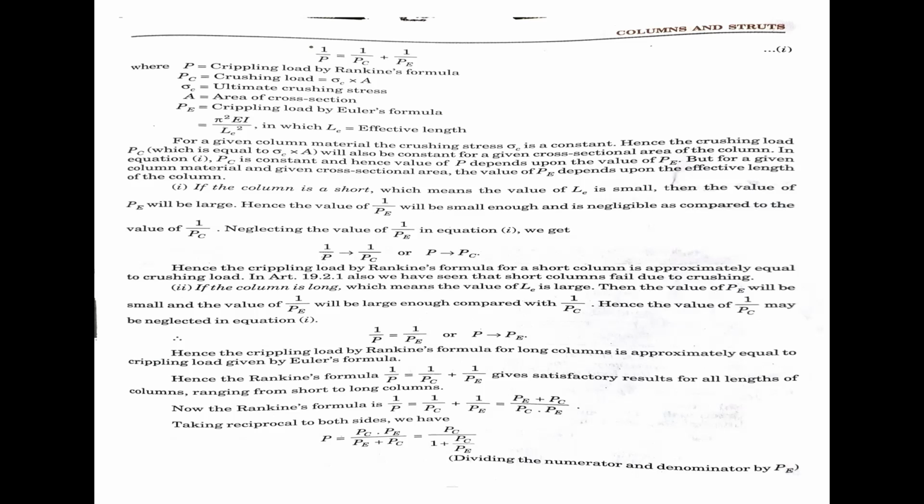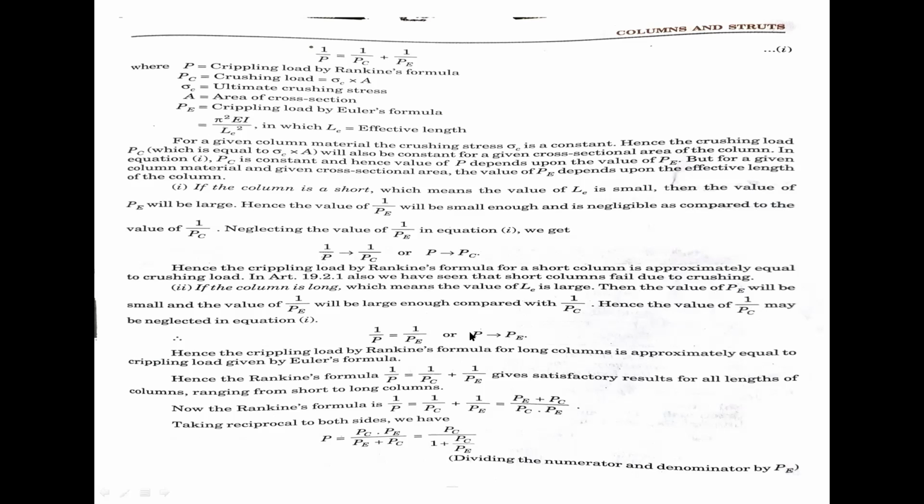Now, the second point you have to see: if the column is long, which means the value of Le is large, then the value of Pe will be small and the value of 1 by Pe will be large enough compared with 1 by Pc.